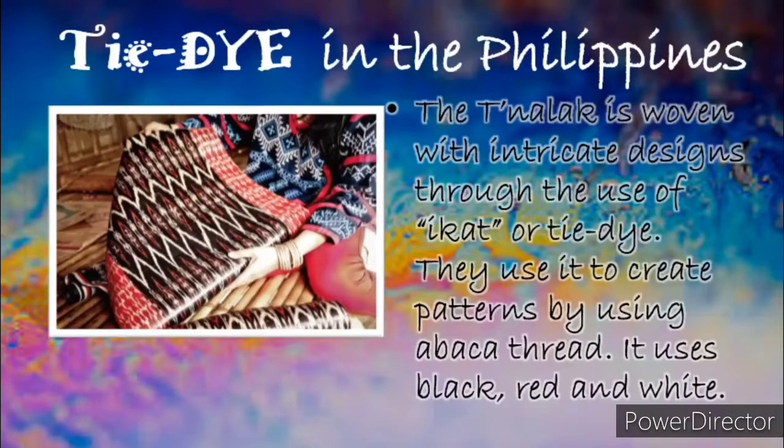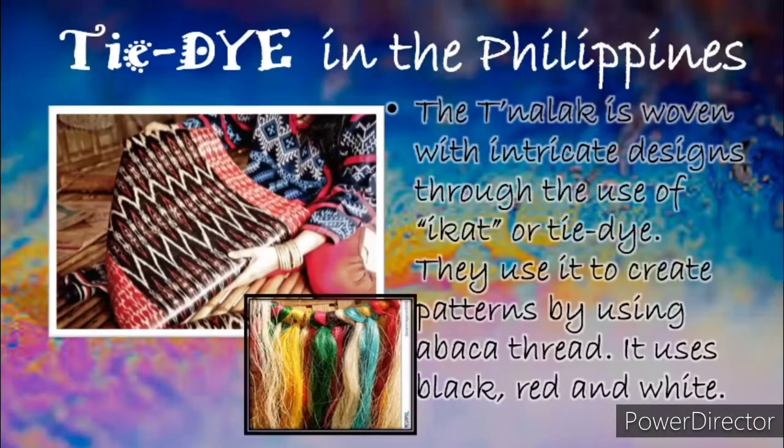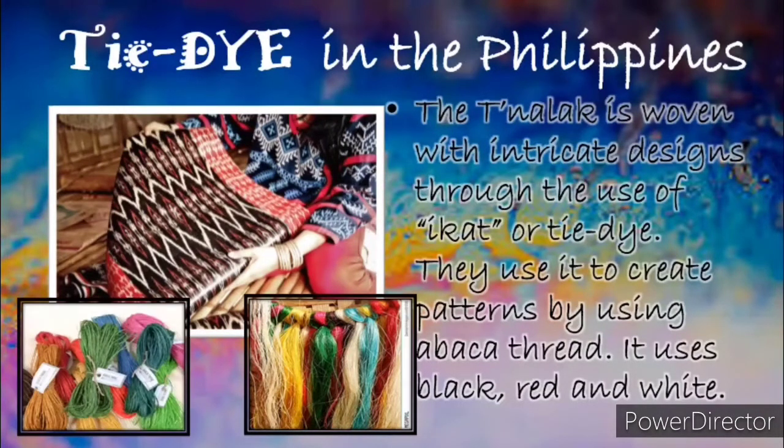This is an important process because the tied-down area of the woven fabric resists the dye, so only specific areas can be exposed to dyes. It uses three traditional colors such as black, red, and white. It represents some of the tribe's beliefs. Black represents their hardships, red symbolizes bravery and commitment, and white is for purity.